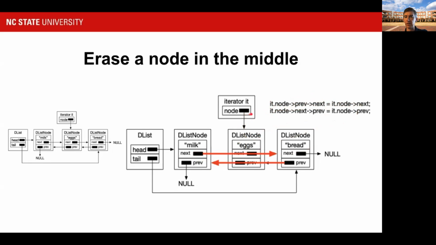And then we need to do the same thing again, but in reverse. So we go it node, we follow the next pointer, and then we grab its previous. So that's it node, arrow next, arrow previous. That gives us this. And then we set this equal to the node that comes before the iterator node. Okay, and so after these two lines of code, we have these arrows set up the way they should be.